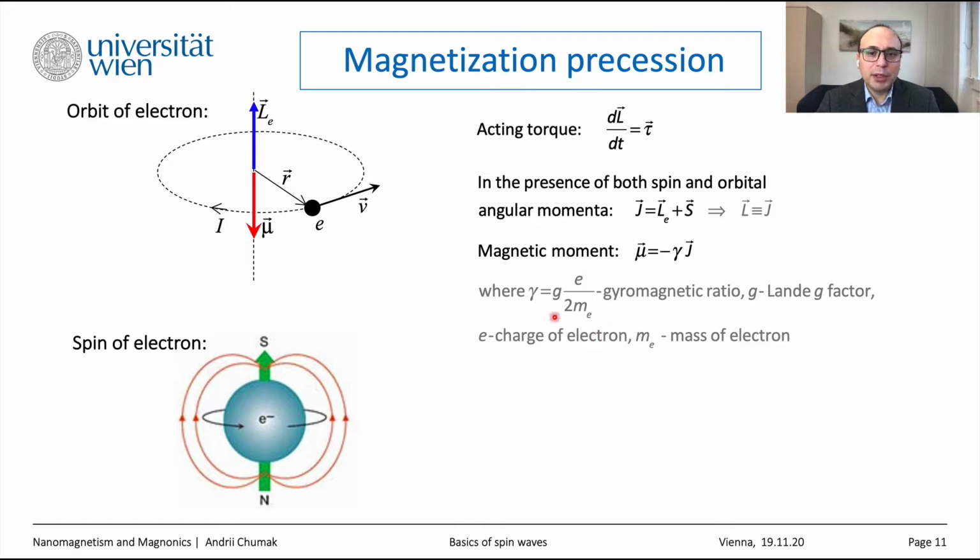It's a separate story, but in many cases this is just a fundamental constant which depends on the Landé factor, on the charge of the electron, and on its mass. But they're always coupled, and there is a minus sign which is related to the fact that the electron is negatively charged. That means that if it has an orbital momentum pointing in one direction, the magnetic moment will be pointing in the opposite direction.